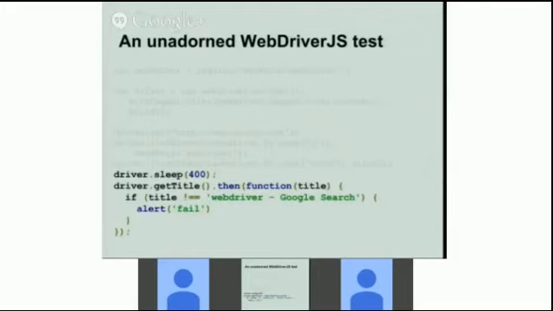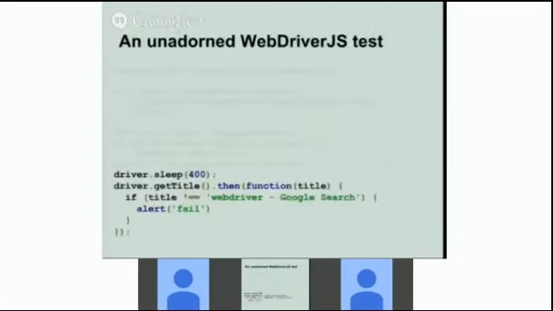So whenever the promise is fulfilled, you're going to get the text of the title and then you do an assertion. This is kind of flaky because you really don't know how long the server is going to take to respond. So usually when you're writing WebDriver tests, the most difficult part is synchronization, and sometimes it takes longer, and it's a cause of many flaky tests.